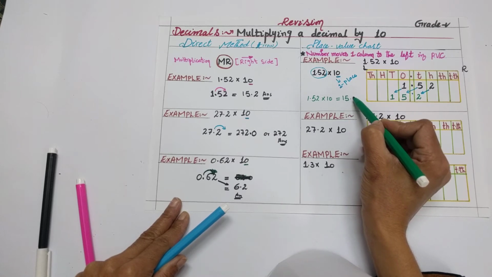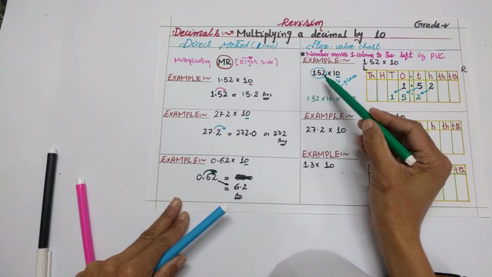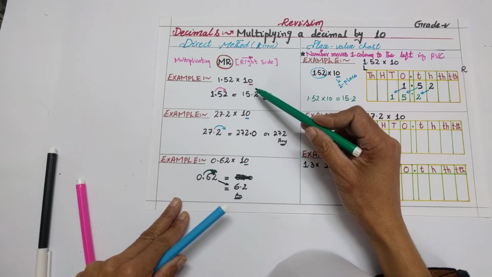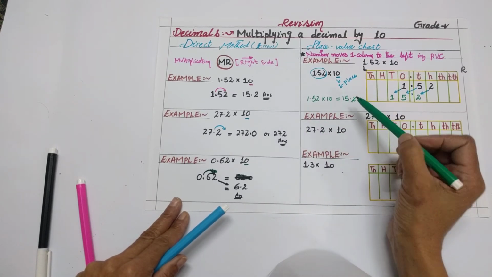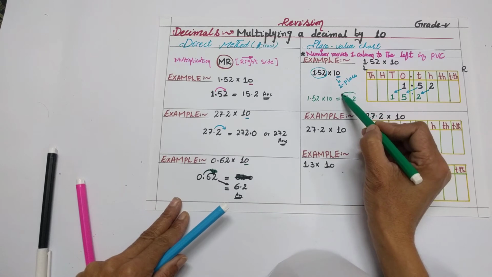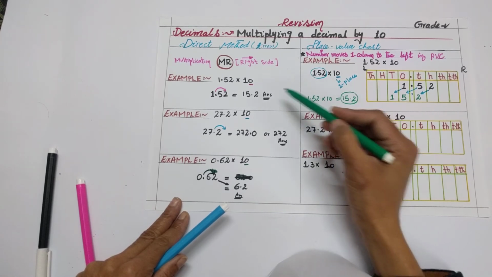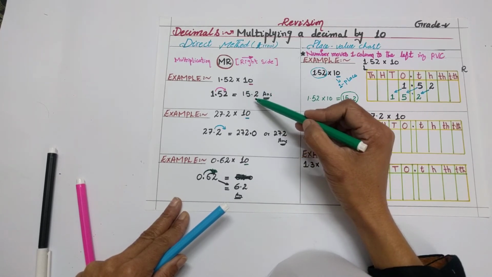I am using the same example that I used in the direct method, so it will be easy for you to compare the answer. The answer is 15.2 and the answer is 15.2.